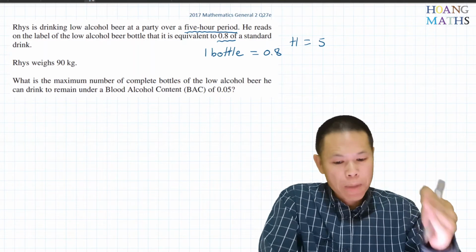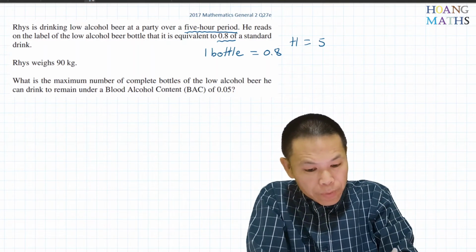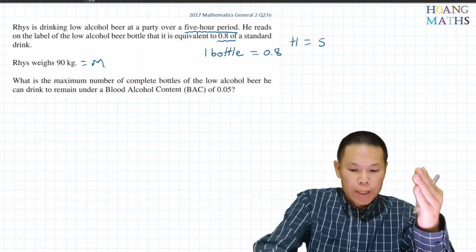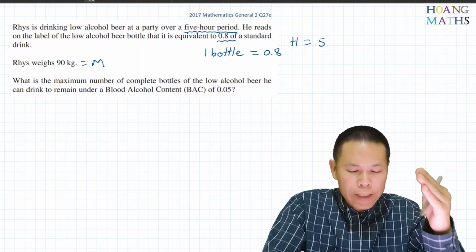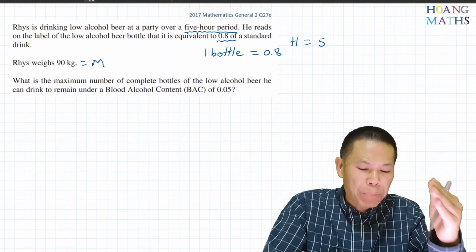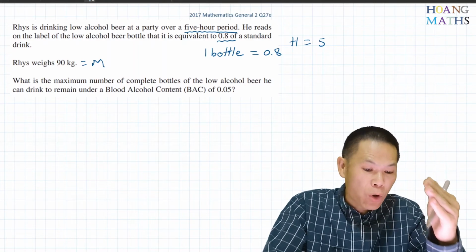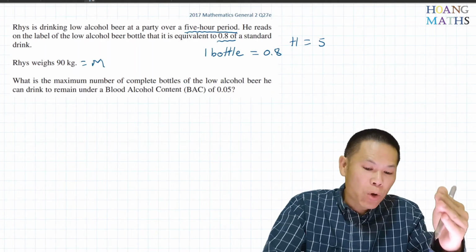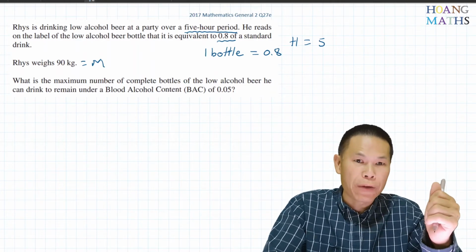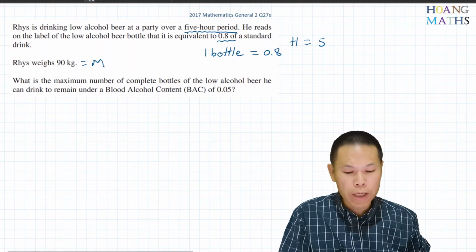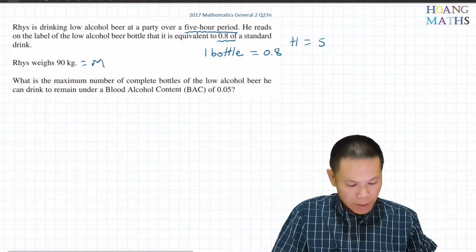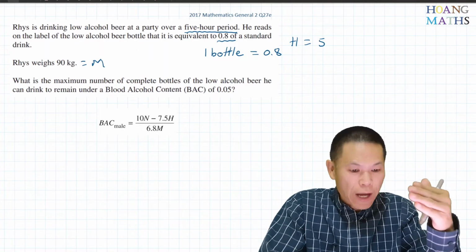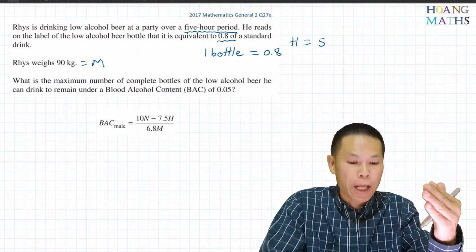And then we know the mass M is equal to 90. The question is, what is the maximum number of complete bottles of the low alcohol beer he can drink to remain under a blood alcohol content of 0.5? So we know that the formula given is this. Now we just substitute the values in to find N first, because we haven't got N.